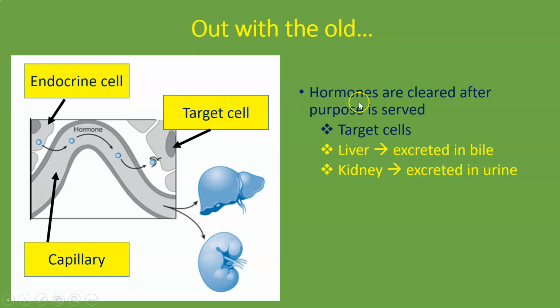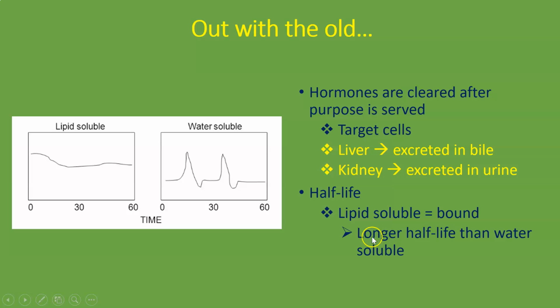By hormones being cleared, what I mean here by target cells is that the hormones are going to exit the blood and bind to the target cells, and then they can be removed by enzymes from there. And so this graph is just showing you the half-life of lipid-soluble hormones.